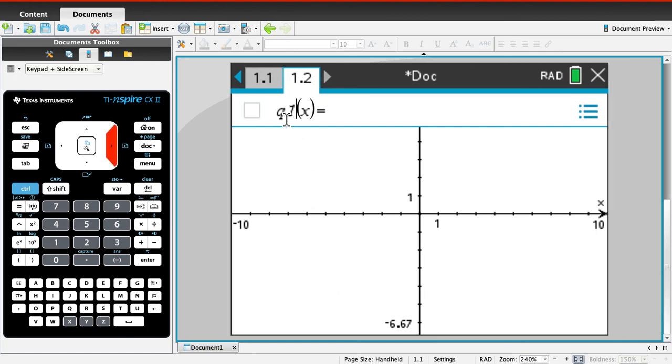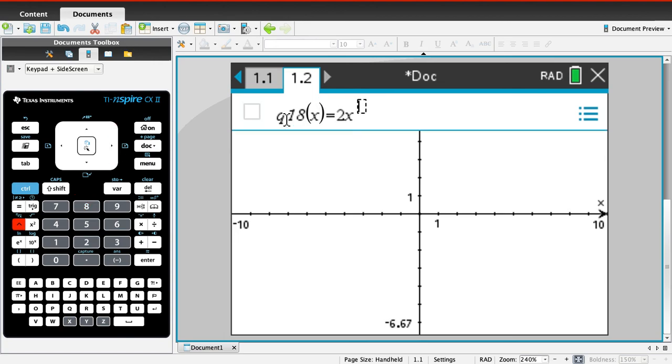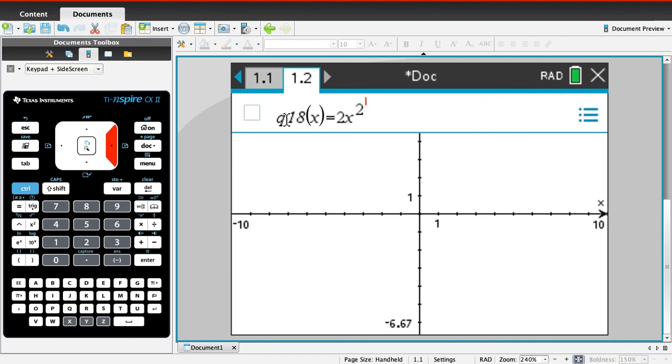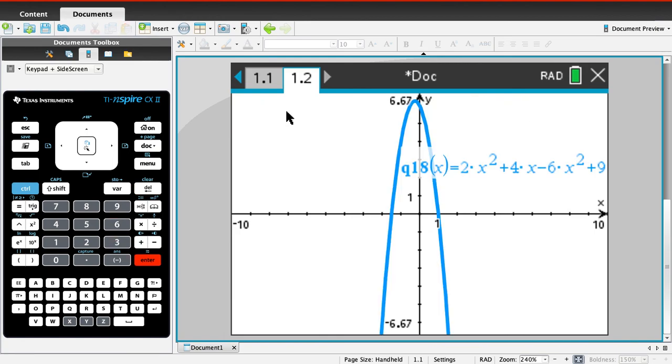So I'll call this Q. The question for number 18 is equal to 2x to the power of 2 plus 4x minus 6x to the power of 2 plus 9 minus 1, minus 6x plus 3. Okay, there is my original graph from the question.